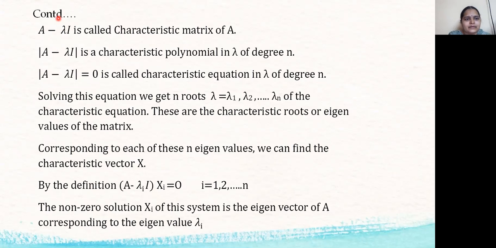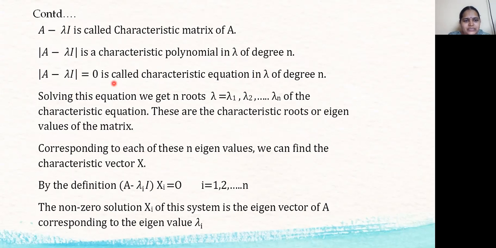Now, this determinant of A minus lambda I is called the characteristic polynomial in lambda of degree n. A minus lambda I is called the characteristic matrix of A. Determinant of A minus lambda I equal to 0 is called the characteristic equation in lambda of degree n.